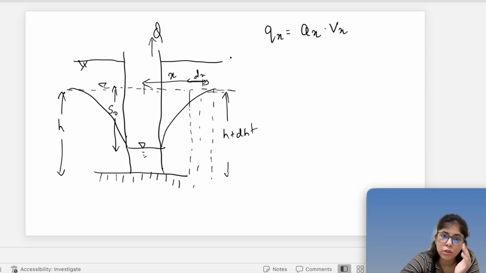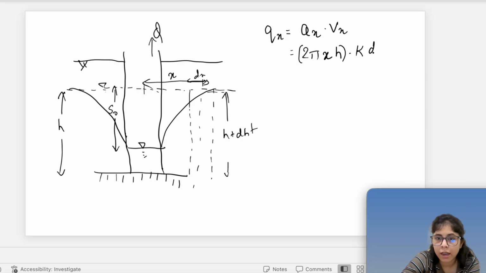For the radius of influence, can I write the area as 2 pi x h? So the area is 2 pi x h into Vx, and Vx I can write as K i, and i is nothing but dH by dx. And this is nothing but Qx.